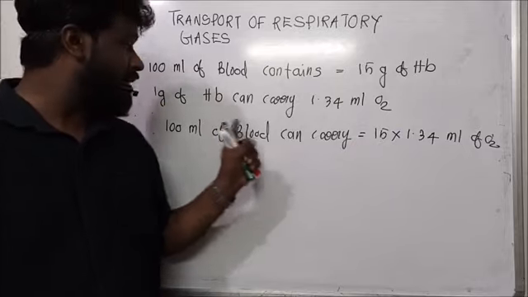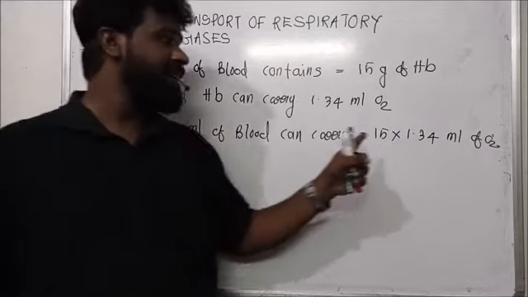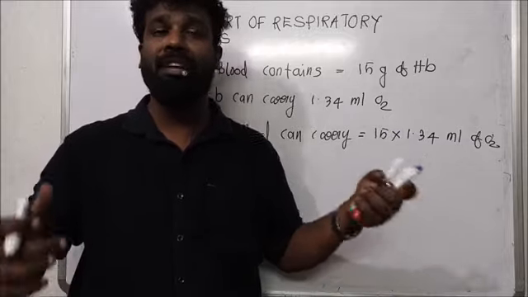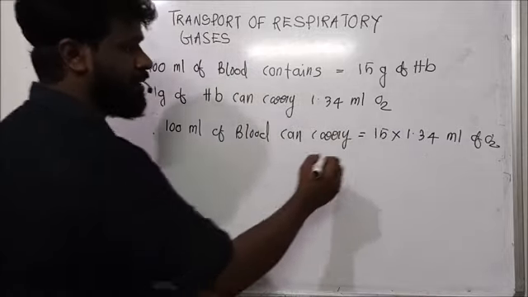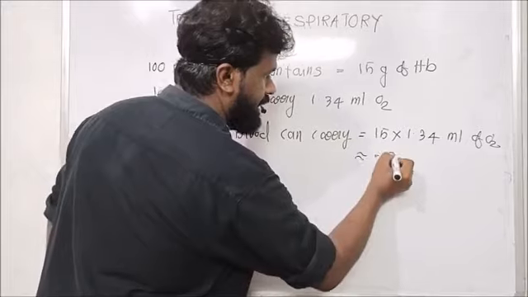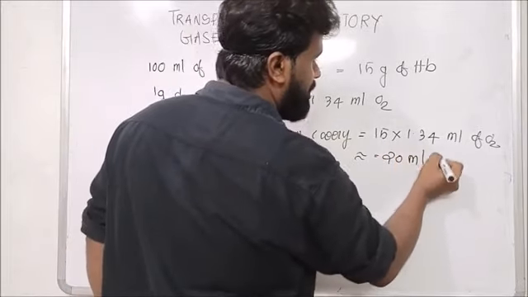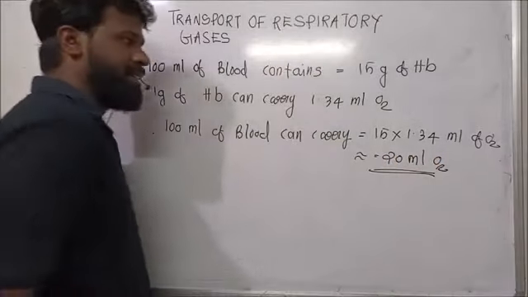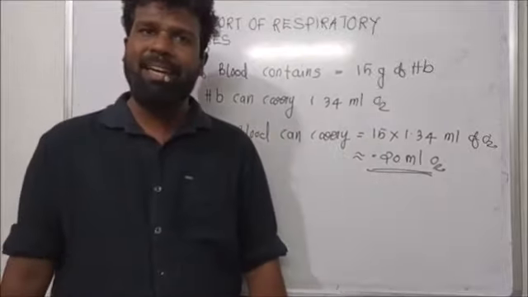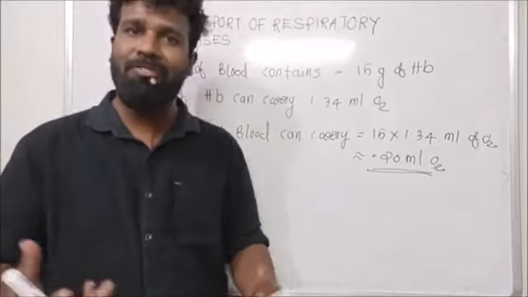Thus, 100 ml of blood can carry approximately 20 ml of oxygen.